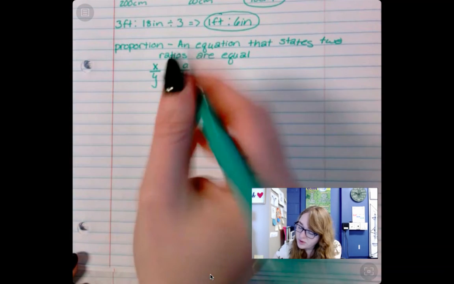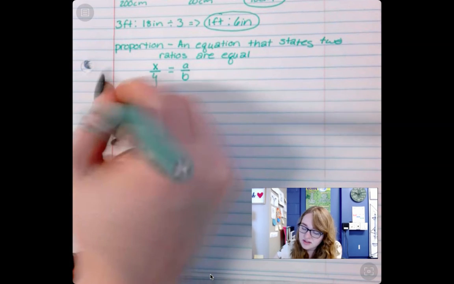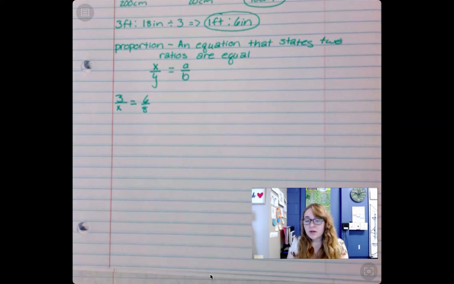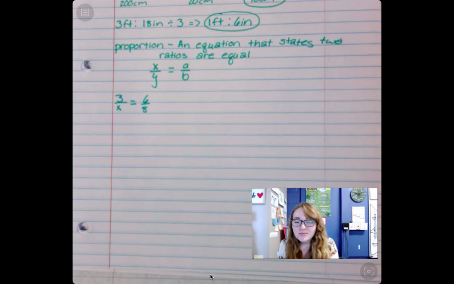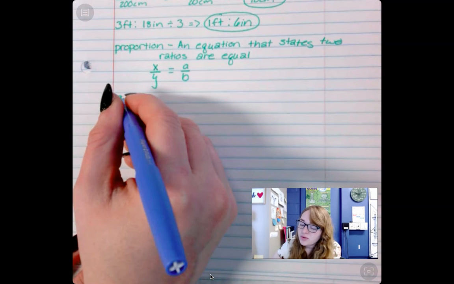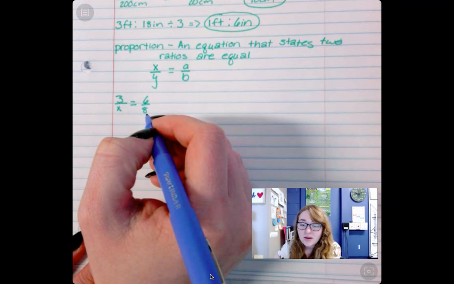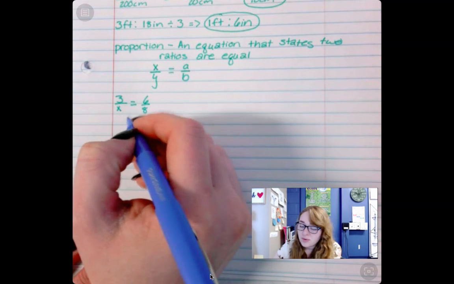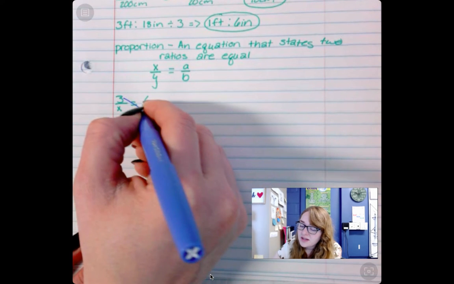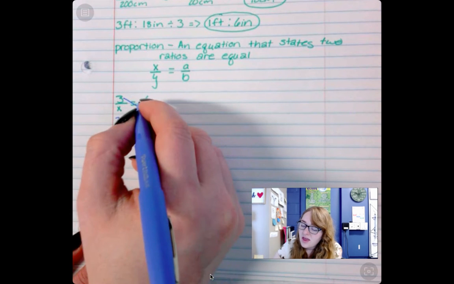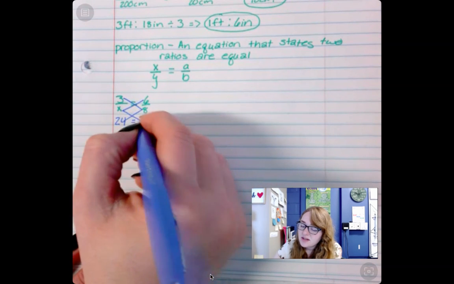For the first one, we have 3 to x is equal to the ratio 6 to 8. We want to solve for this x, and the way that we're going to do that is called cross multiplying, or the Argyle-Sock method, or just the crisscross method. I've heard all of these. We take the top left-hand number 3 and multiply it by our bottom right-hand number 8. 3 times 8 gives us 24, and then 6 times x is 6x.